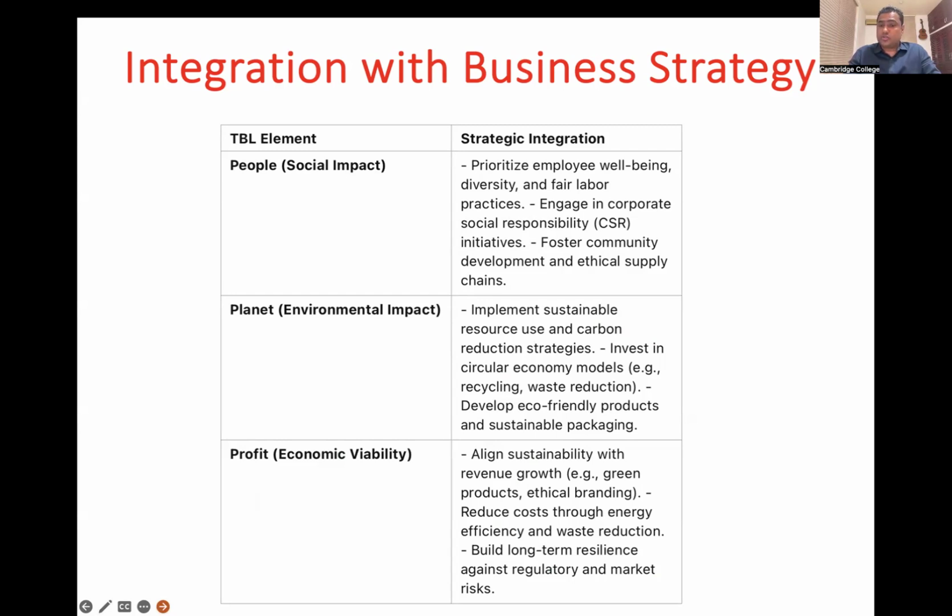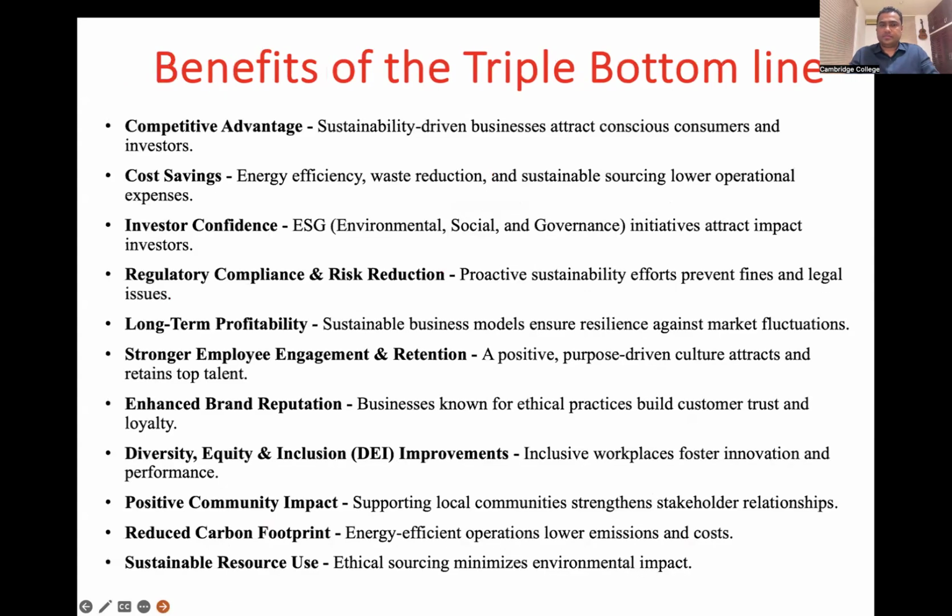All that will also focus on cost reduction, develop eco-friendly products and sustainable packaging. So these are all activities that you can undertake in the triple bottom line that has to be integrated with your business strategy. It should not be seen as two separate strategies. It should be integrated so that it is one.